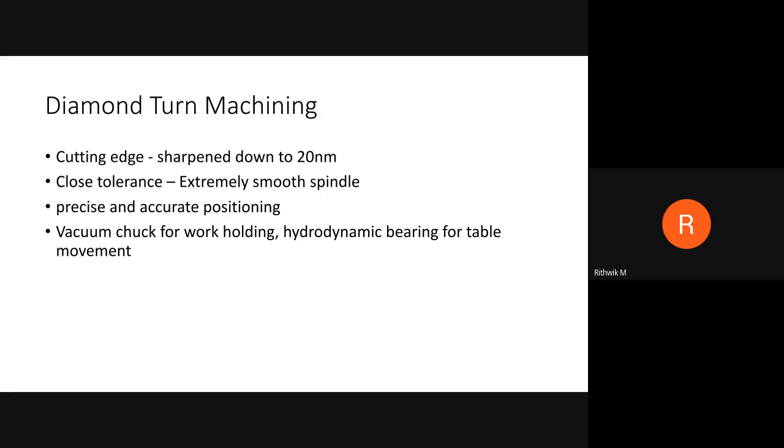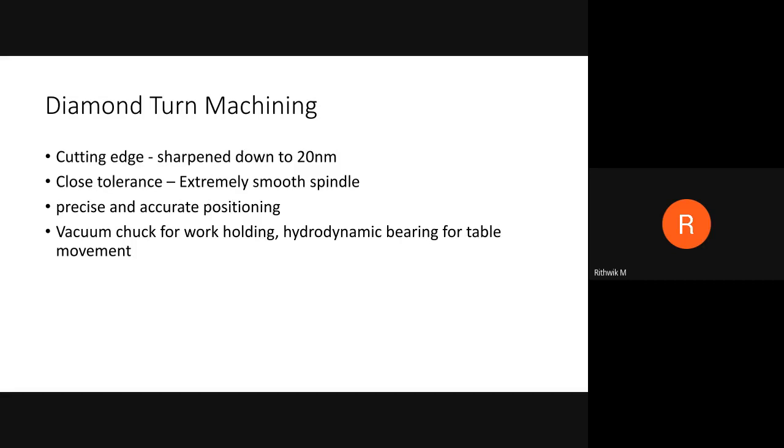In the last class, we were discussing diamond turn machining. It is an ultra precision and accuracy machining technique.